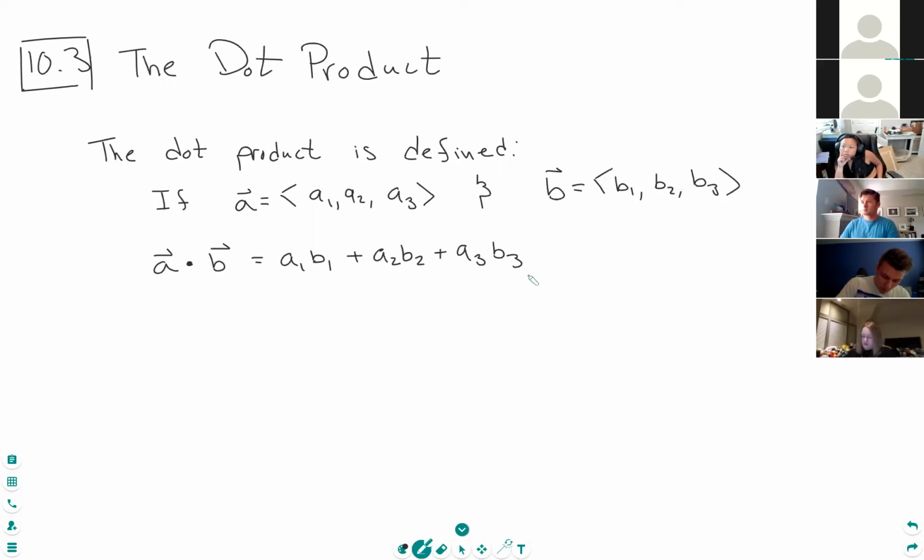And that's a big distinction that we'll see later on. Sometimes this is called a scalar product as well, instead of the dot product. But because we're going to use a dot, we're going to call it the dot product.